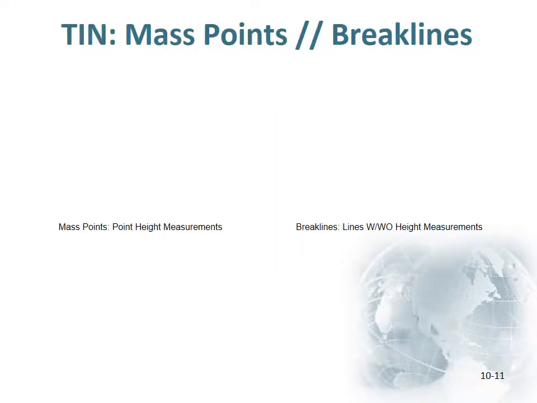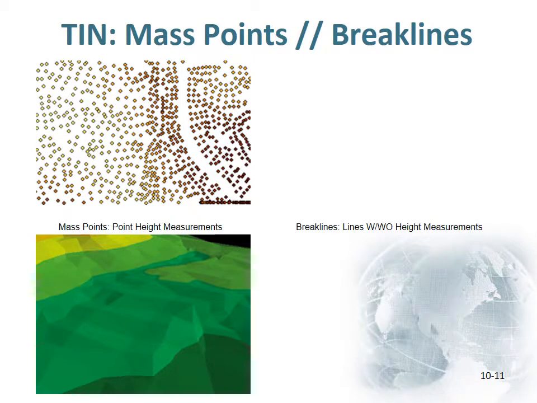Some modifications that we can make to the TINs to make them a little more realistic is to add things like mass points and break lines. Mass points are point locations where we have elevation or height measurements. Below that, here's what the original TIN output looks like.